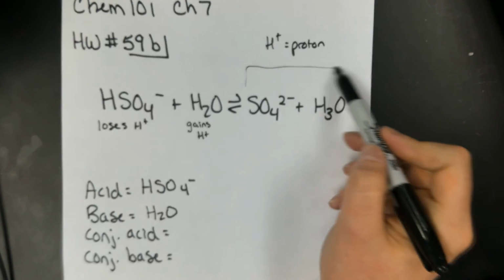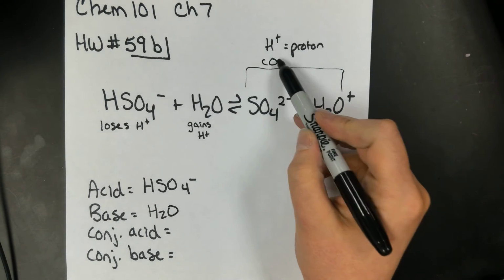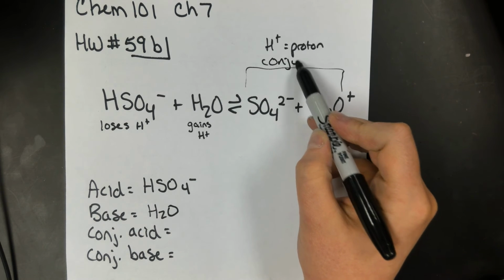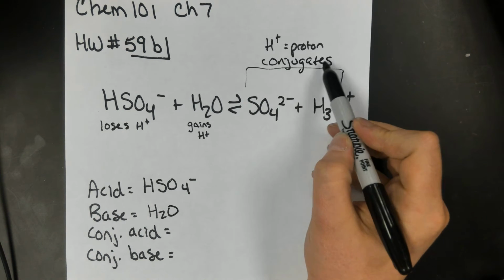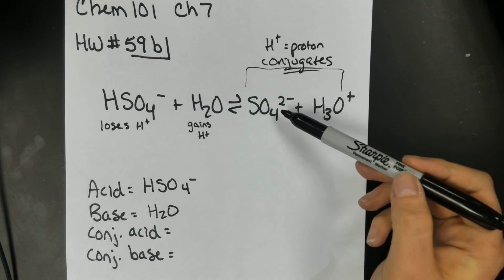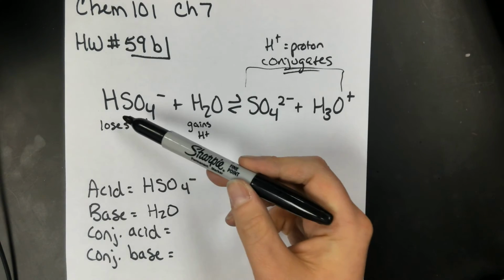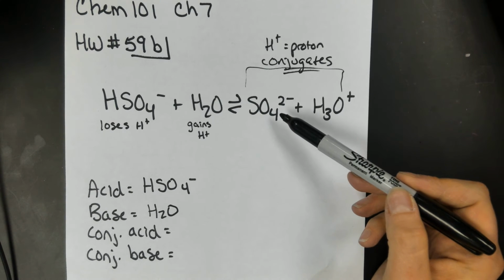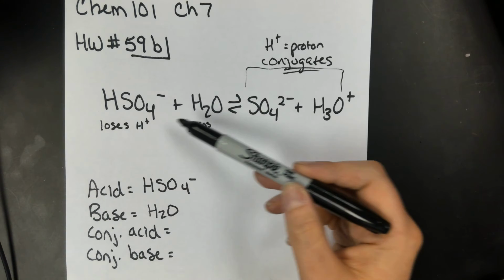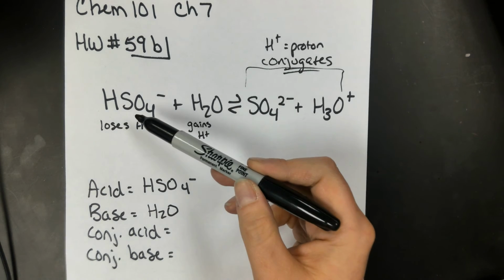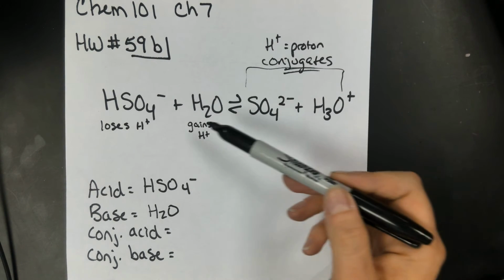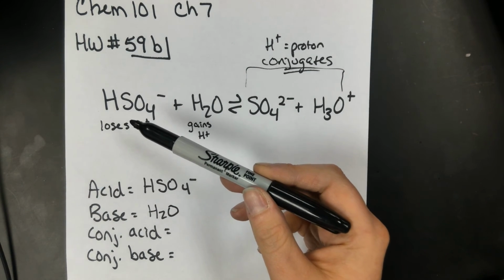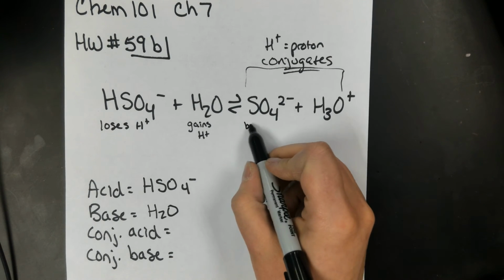So this is where my conjugates will be. What it means is pick this and figure out what it started out looking like. SO4 2-, we know that as sulfate. If I were to go backwards to become this, what would I have to do? Gain an H, right?